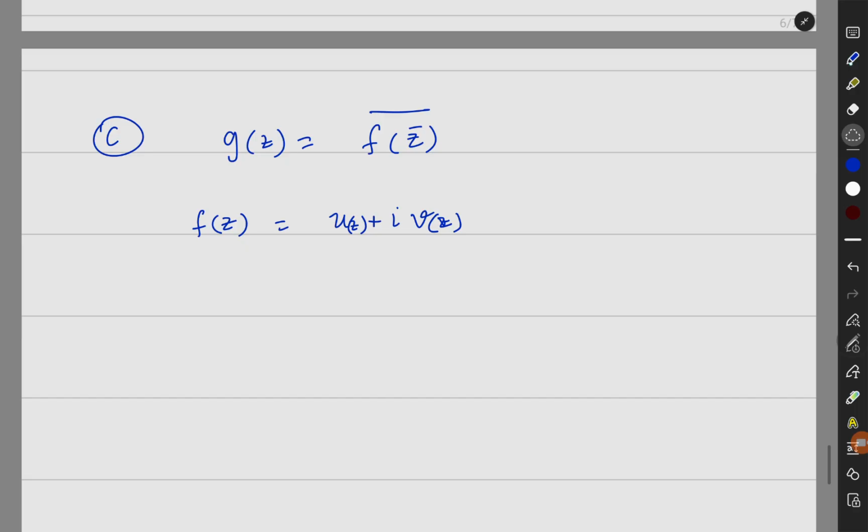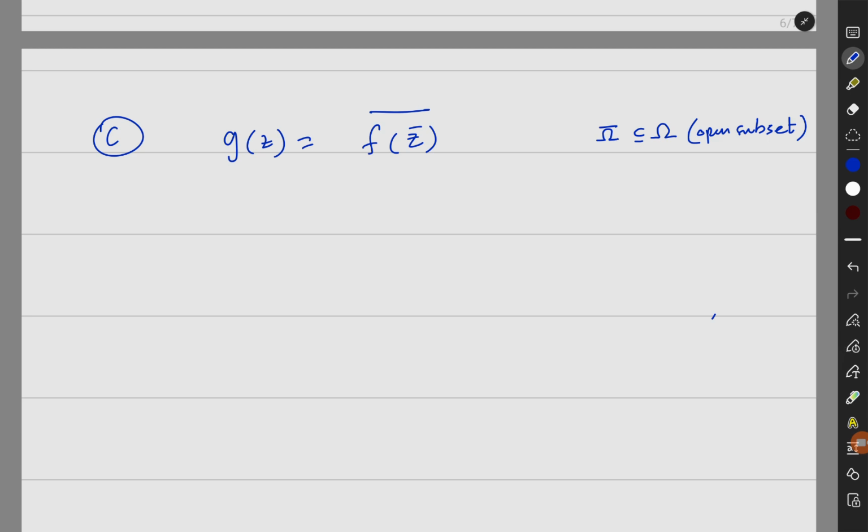So note that omega bar is contained in omega, an open subset. Now we want to show G is analytic or not, right?